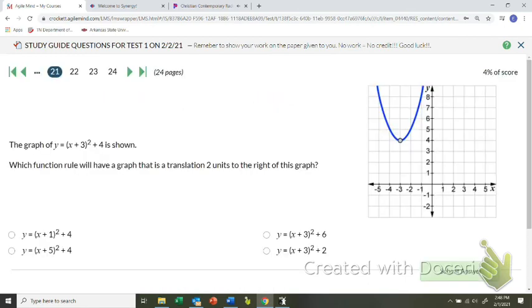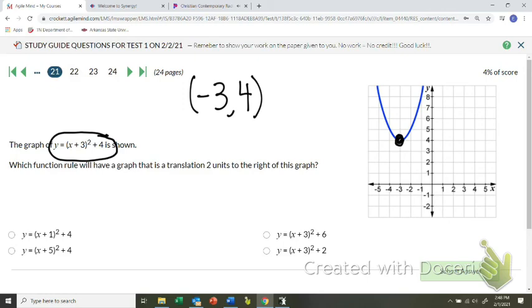Number 21. What is this point right here? -3, 4. Okay. Now, here's the function rule. Notice it shows x plus 3. That's because that negative was already there, and 2 negatives make a positive.